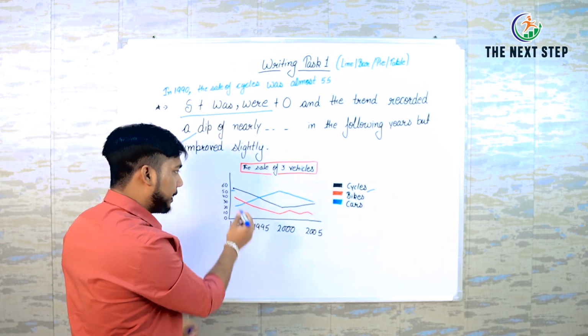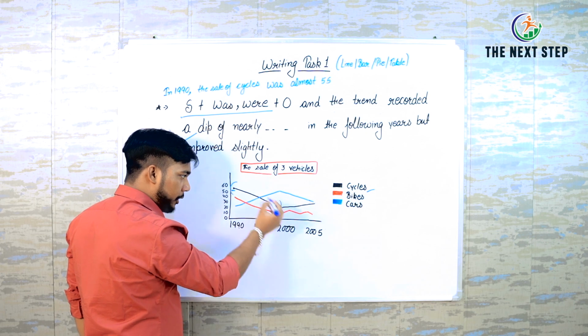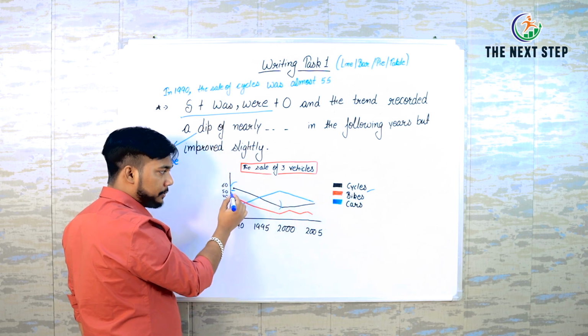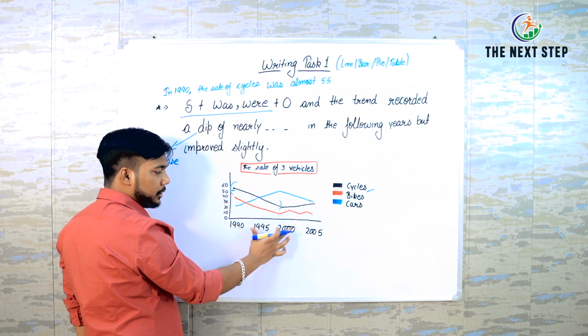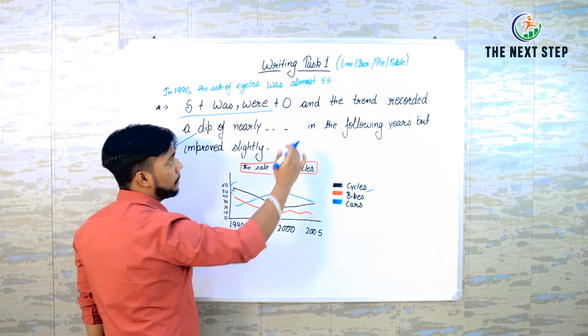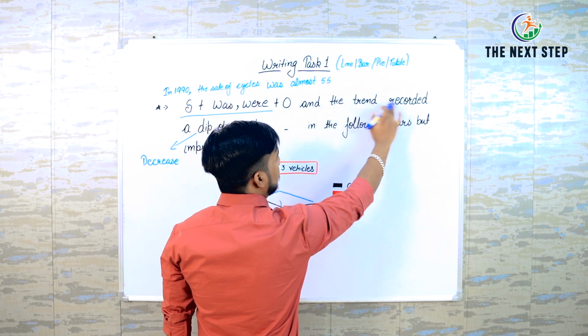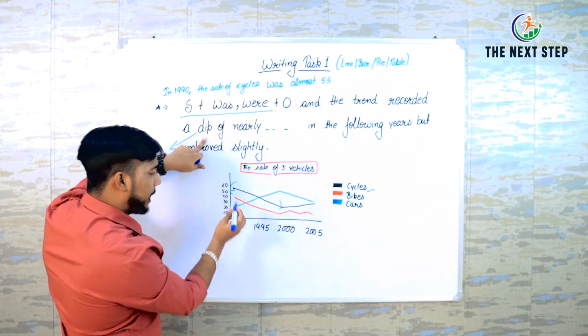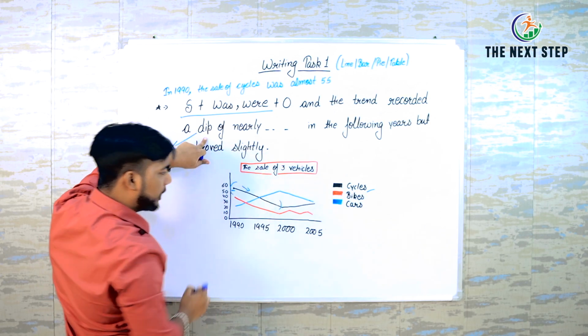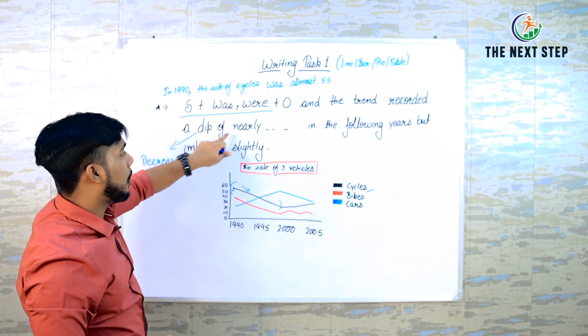So for this line from here to here, I don't need to talk first from here to here. I can simply say about the 10 years period. The trend recorded a dip.